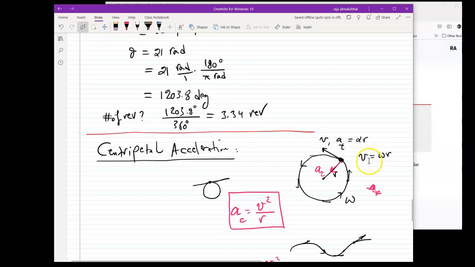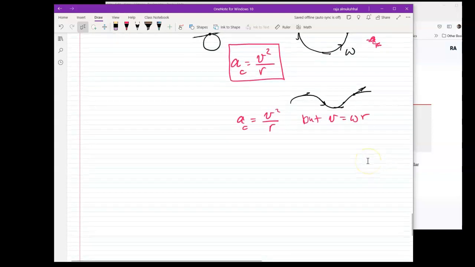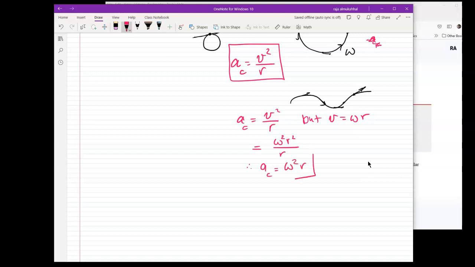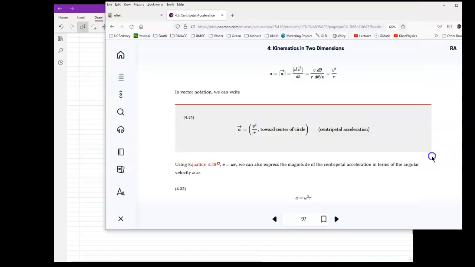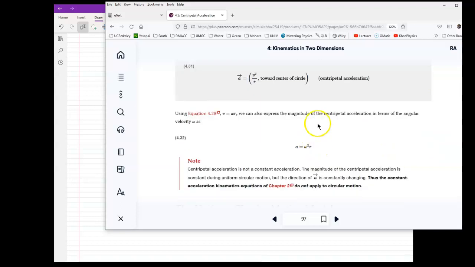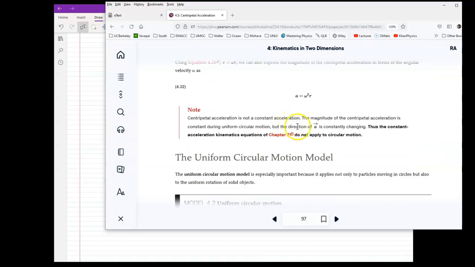So I can plug it in there, so the centripetal acceleration becomes omega squared r squared over r, and therefore a sub c is equal to omega squared r. So that's another version for it. It's the equivalent version, whichever you want to use, depending on the problem that you're solving. And there we go. So we have this one right here.